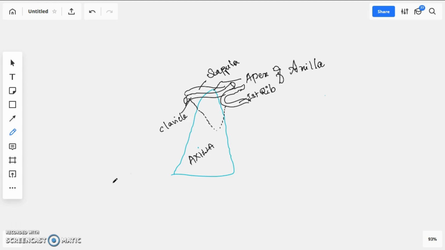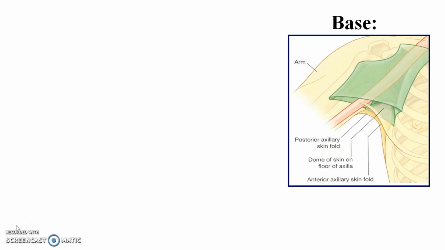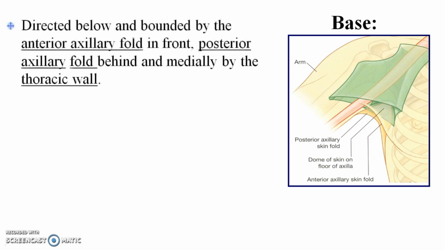Now we will move on to the major part, that is the remaining boundaries of the axilla, such as the base and walls of the axilla. Talking about the base of the axilla, it is directed downwards. As you can see in this picture, this is called the base of the axilla, and it is again bounded by some important structures.